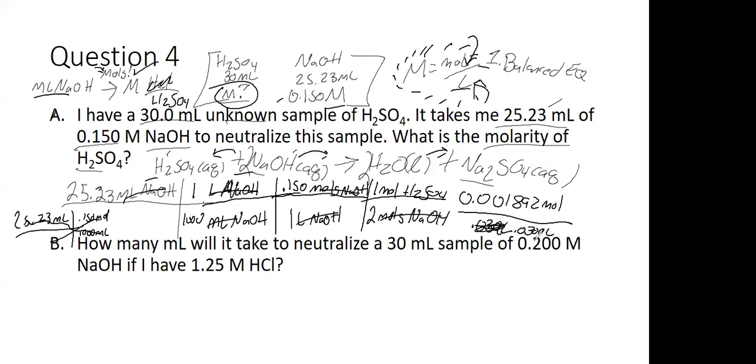That's 30 milliliters. I did the conversion. And what you get when you divide those two is 0.0631 molar. So that's the answer. That's combining acid and base chemistry, which we worked on today, and solution stoichiometry, which we worked on earlier this week.